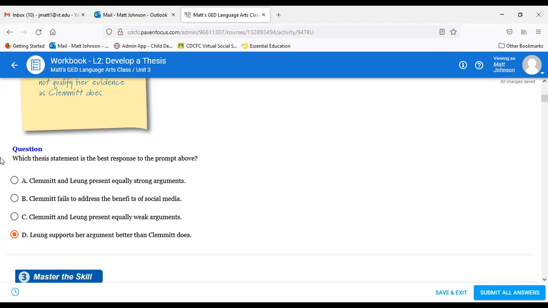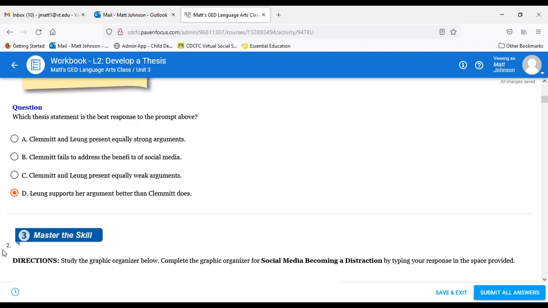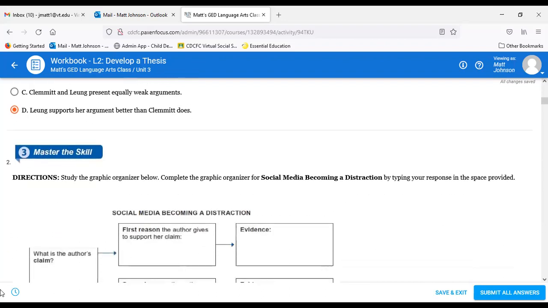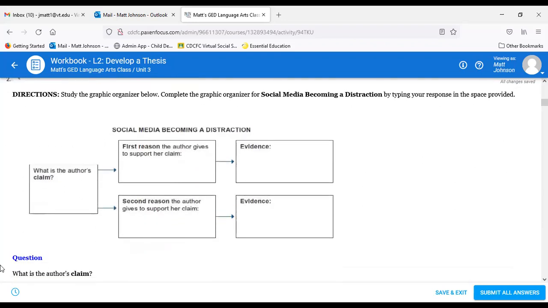You have to address both. So like B, it says Clement fails to address the benefits of social media. Okay, that is important, but she's also making the case against social media, so she's not going to give you benefits. Leung's the one that's supporting her argument. So make sure that you're addressing both. Why one is stronger than the other one. Got to have that in your statement. Okay, so here's what we're talking about now. This is great.